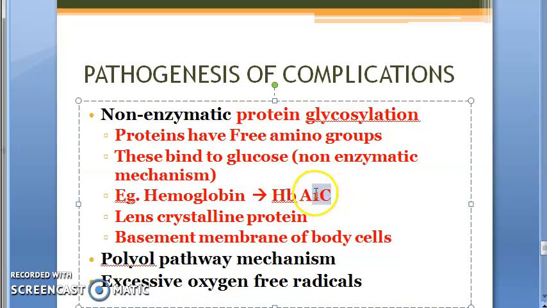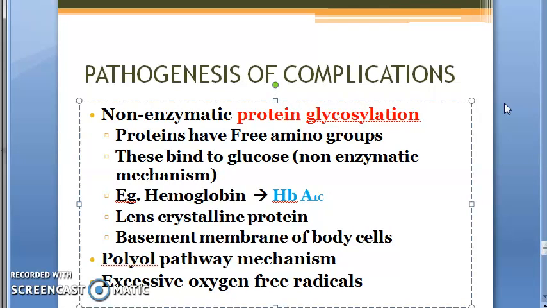HbA1c, or glycosylated hemoglobin, can also be used for monitoring glycemic control in a diabetic patient.